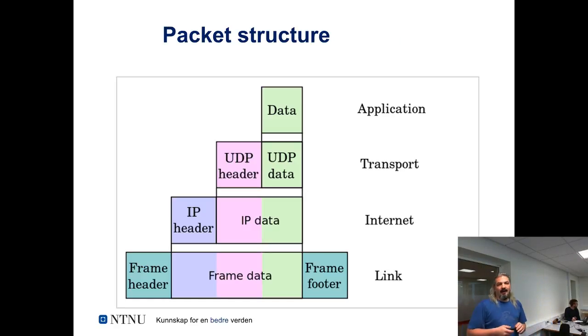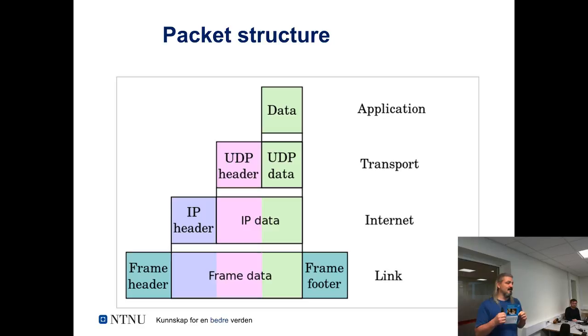If we look at packet structure, you have some data that I want to send from my computer to your computer. How do I get my piece of paper, citytechnic.no, over to you? First I apply a header to it.